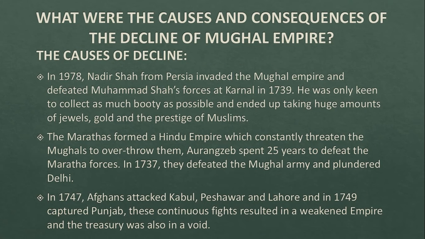So the first cause is that Nader Shah from Persia invaded the Mughal Empire and defeated Muhammad Shah's forces at Karnal in 1739. He was only keen to collect as much booty as possible and ended up taking huge amounts of jewels, gold, and the prestige of Muslims.